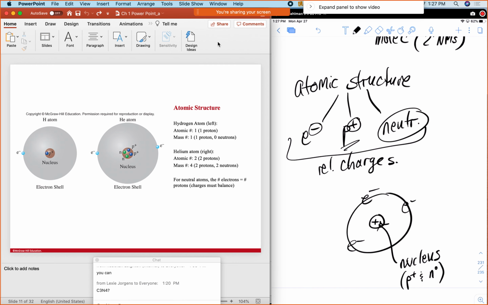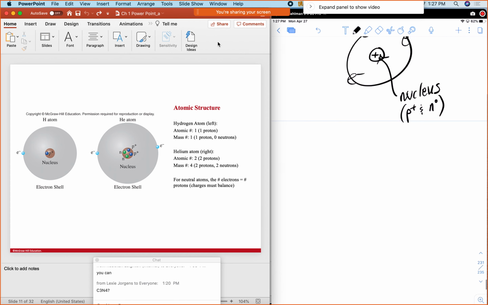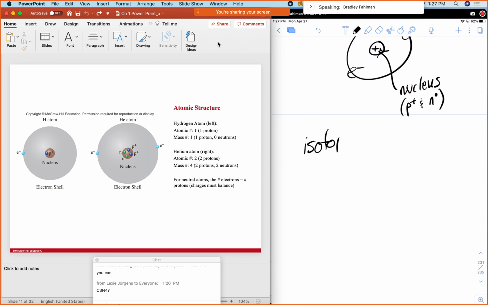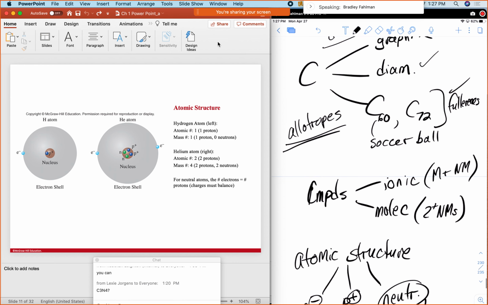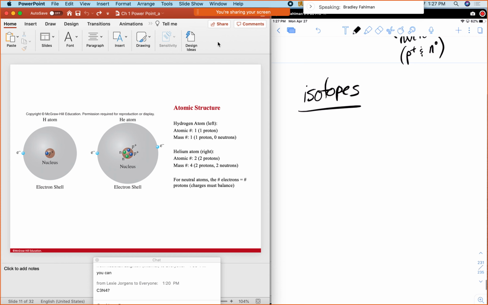We then got into talking about isotopes. So allotropes, isotopes, make sure you know the difference. They sound similar, but they're very different terms. Allotropes are just how carbon atoms arrange differently to give an element. Isotopes are really detailing atomic structure, and these differ by the number of neutrons in the nucleus.